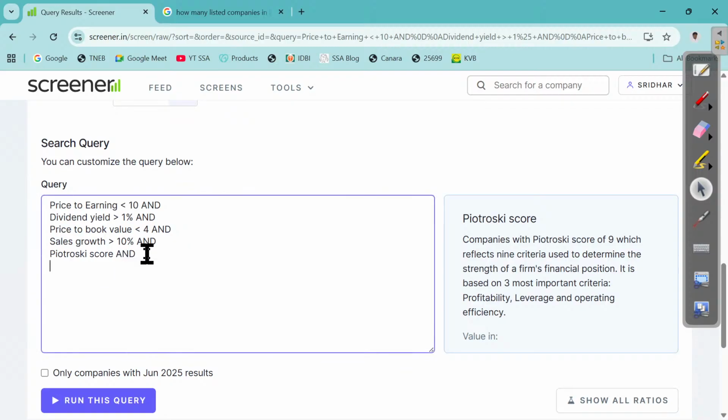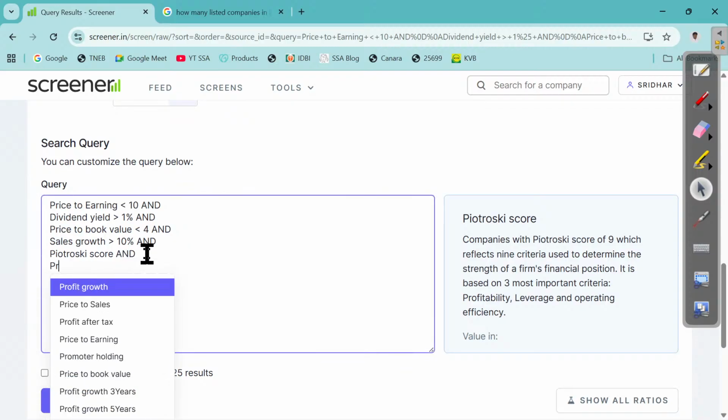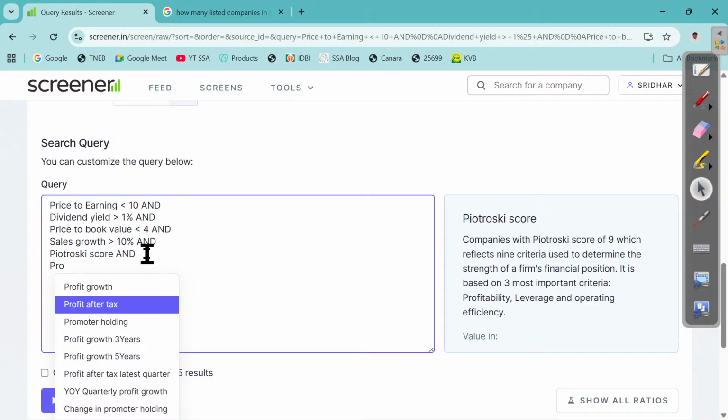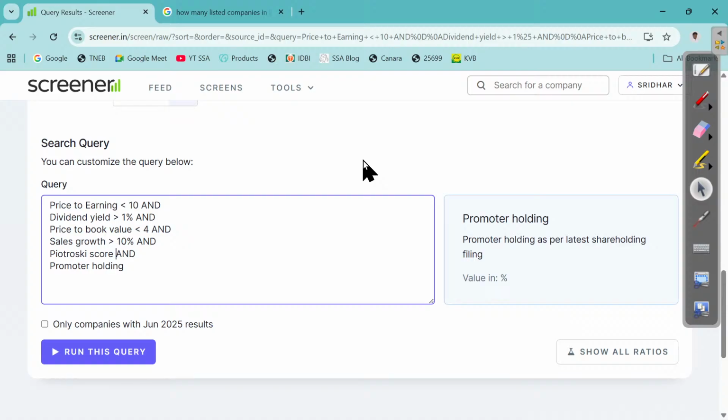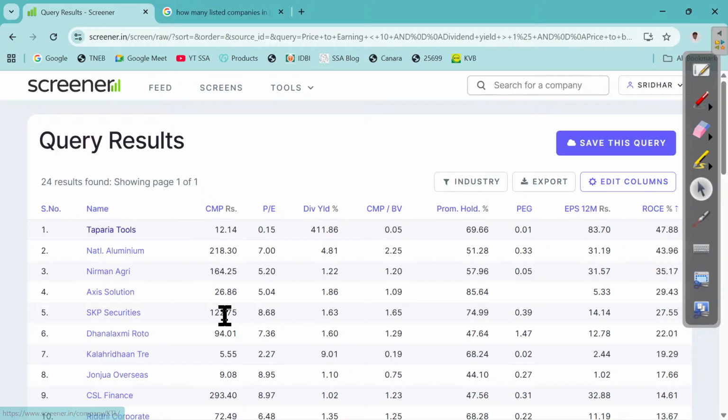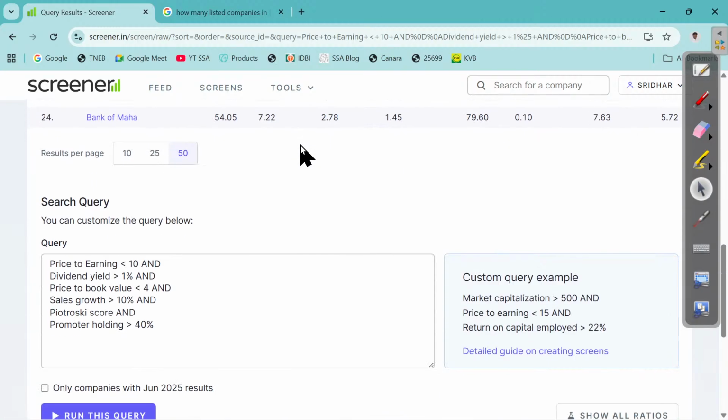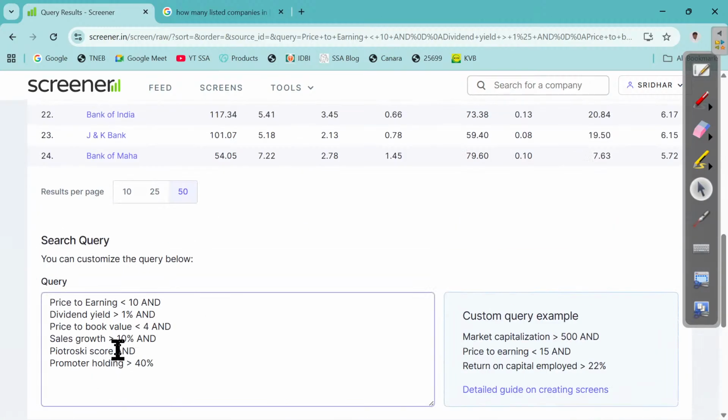And I can give one more, promoters holding. The Piotroski score should be there. The promoters holding should be more than 40% at least. Now with this detail, let me get other details. Piotroski score should be more than 5.